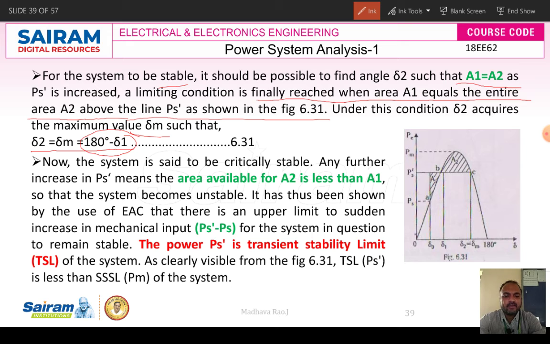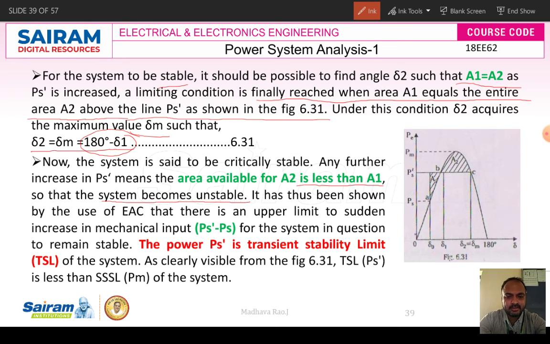When the system is critically stable, the area A2 is less than A1, and we can say the system becomes unstable.